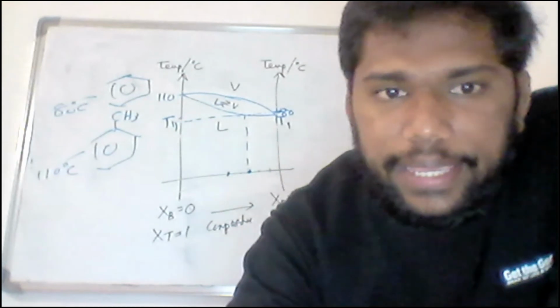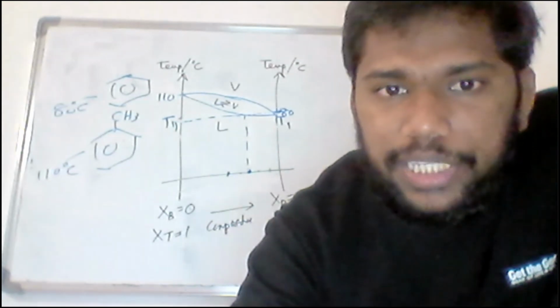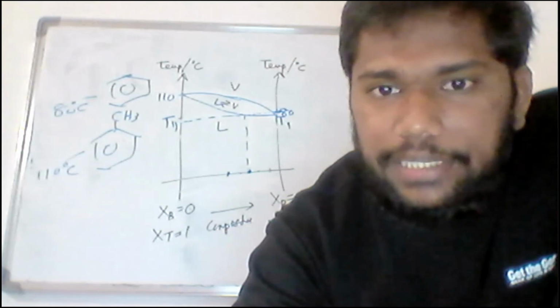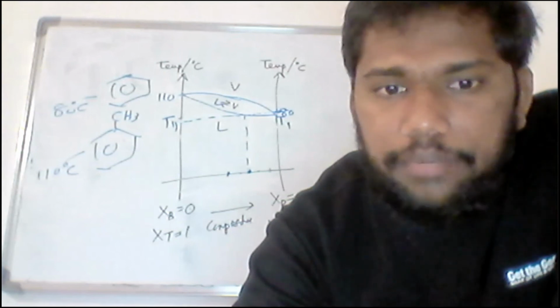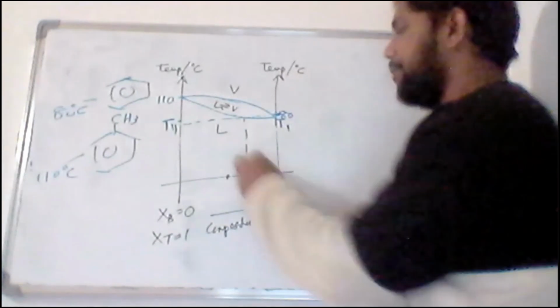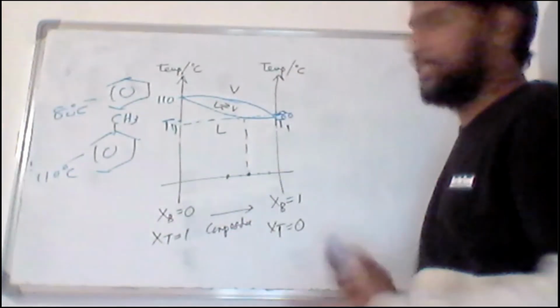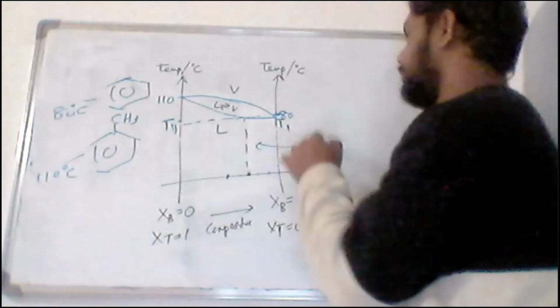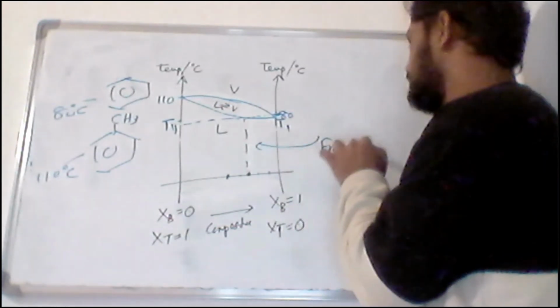And they say mark the composition Q of the vapor phase at T1 on the phase diagram. You should understand the process. First, I will explain what is actually happening. You have a mixture. This is normally called the process of fractional distillation.